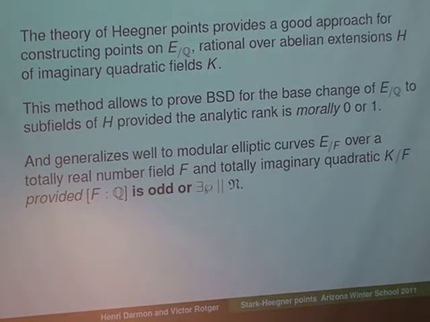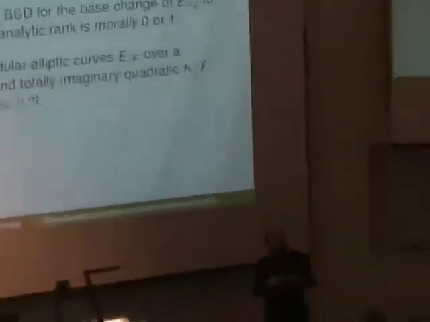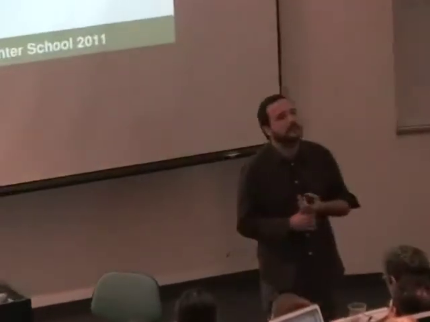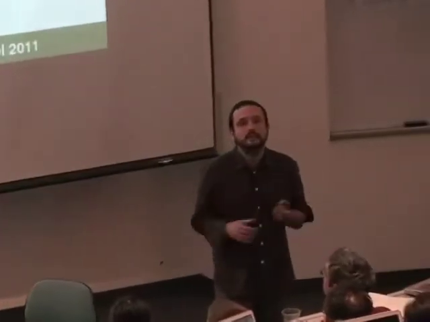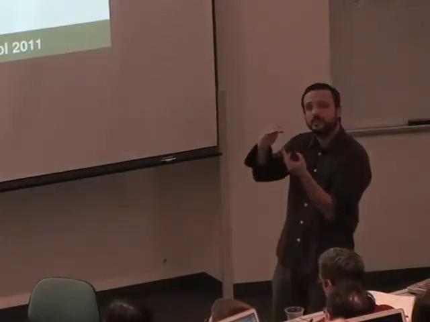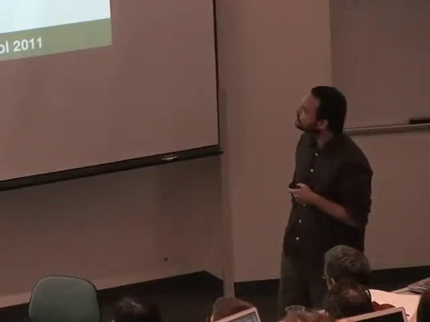If you assume it's modular, so Skinner and Wiles prove that these elliptic curves over totally real number fields are modular, perhaps under some mild hypothesis, but say that your elliptic curve over your totally real field is modular in some suitable sense. You can play the same game. F now is your Q. Take a quadratic extension which is totally imaginary, a CM extension, and you can play exactly the same game to prove very similar things. Okay?